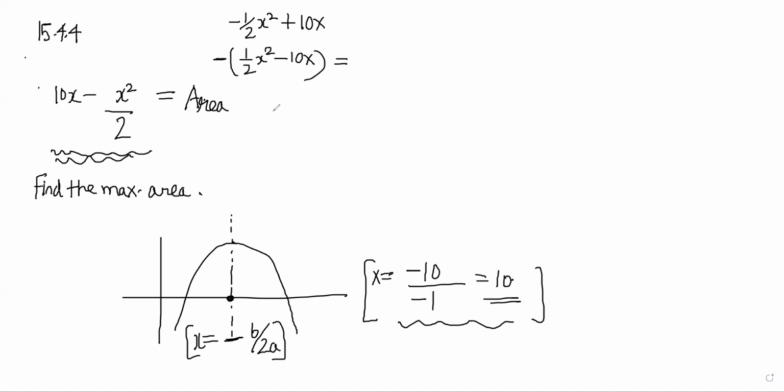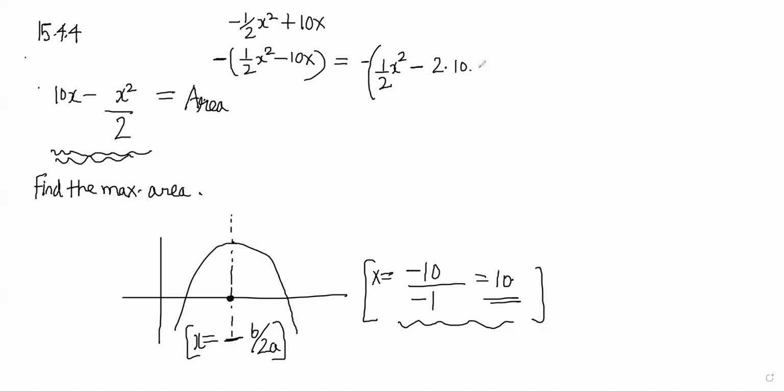What should I do now? You should do 10 by root 2, so then that would be 100 by 2, so 50. So 1 over root 2 x minus 10.